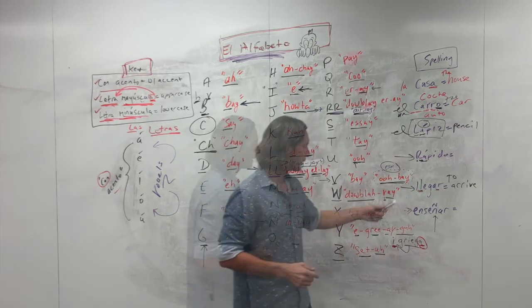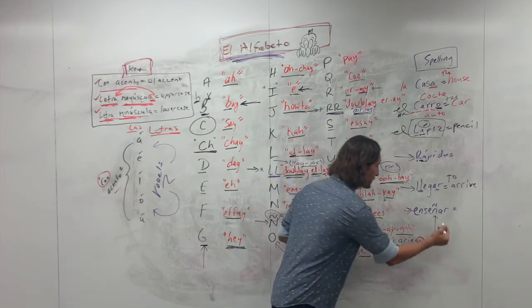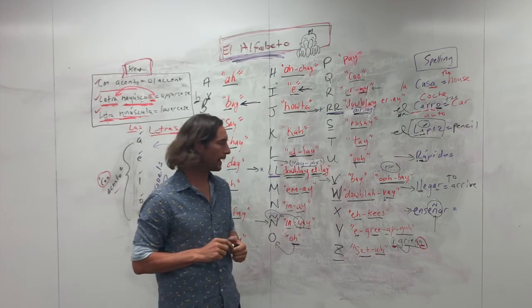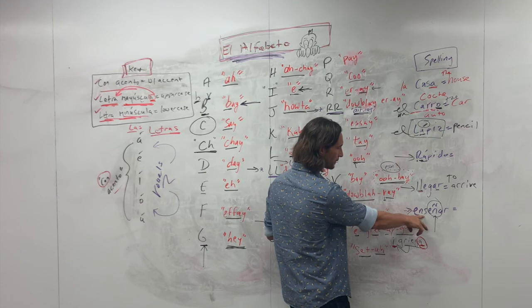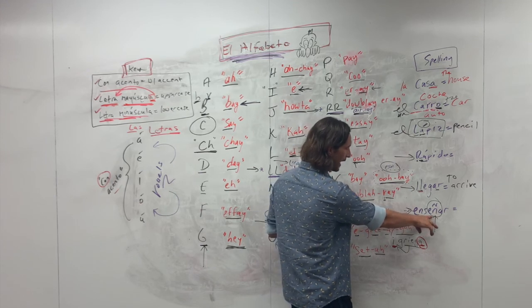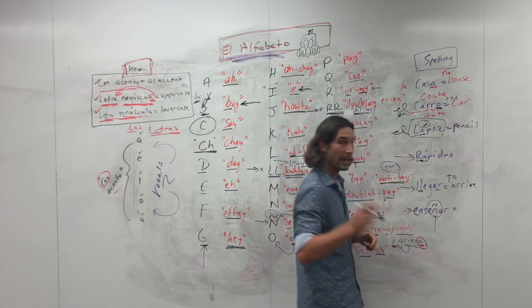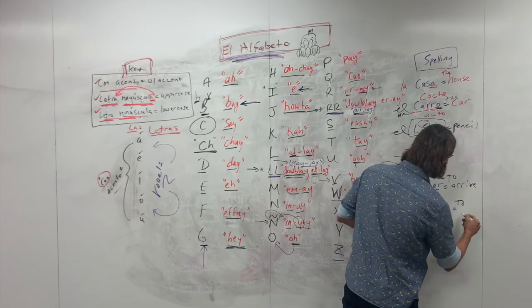And there you go. So we have the verb enseñar, and we're going to finish with this one. Notice we have an ñ right there, and I want to throw that in just for fun. So we have E, N, S, E, ñ, A, R. Now, enseñar means to teach.